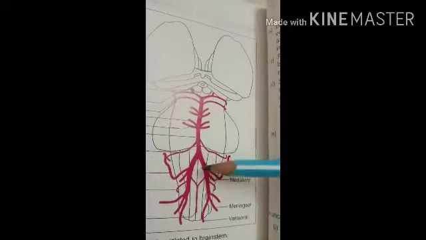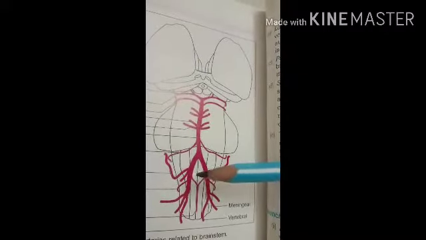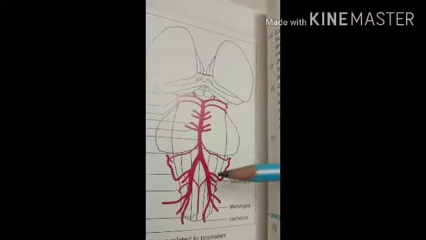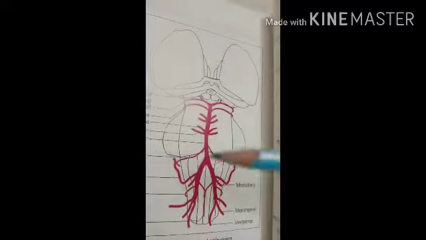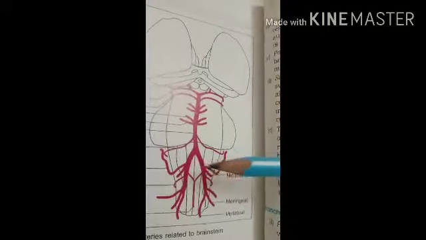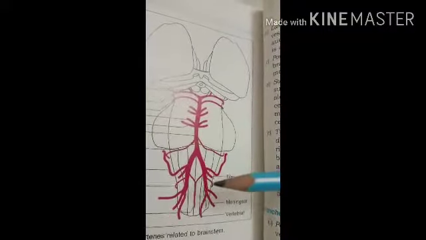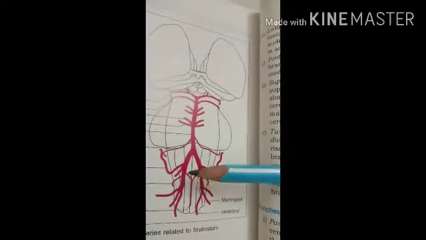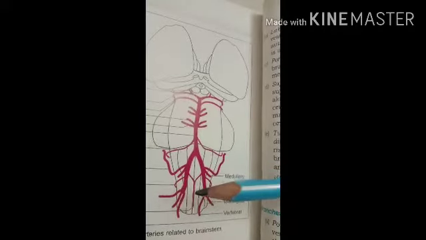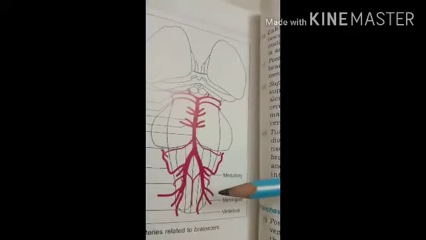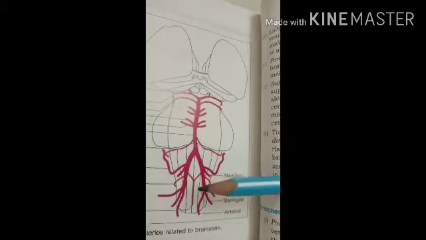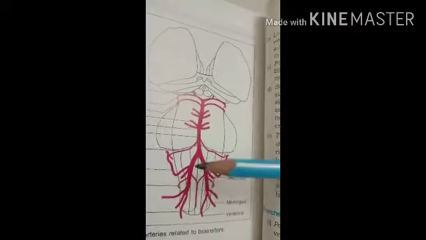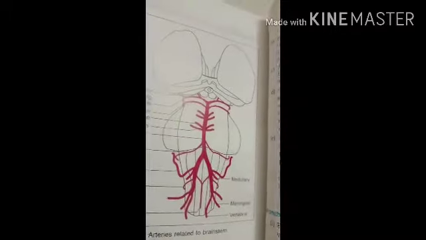Second, loss of pain and temperature in the trunk due to involvement of the spinothalamic tract on the opposite side. Third, paralysis of the muscles of the palate, pharynx, larynx due to involvement of the nucleus ambiguus. And the last symptom is ipsilateral ataxia due to involvement of the cerebellar peduncle and the cerebellum. So these are the symptoms seen in Wallenberg syndrome.